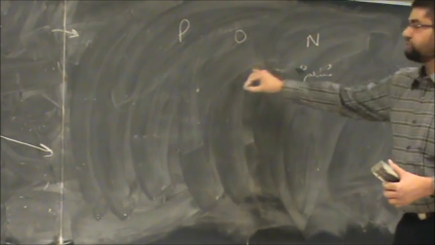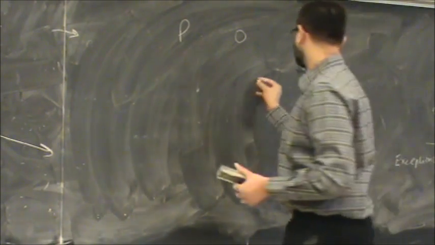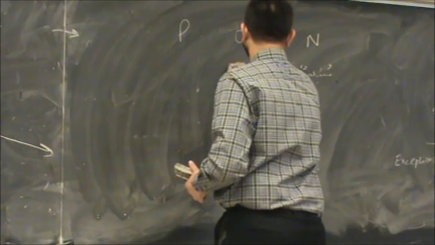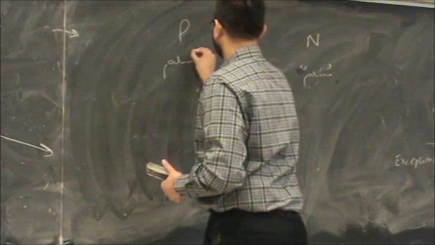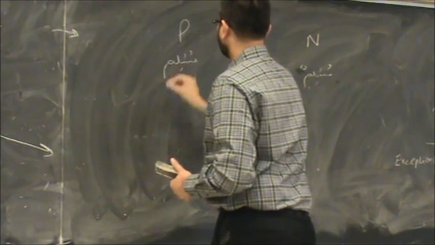And you can change it to the objective case. What will you make it? Musliman. And here? Muslimin.